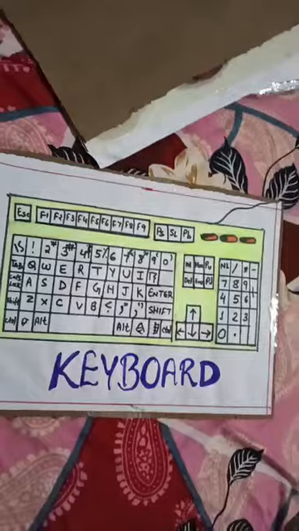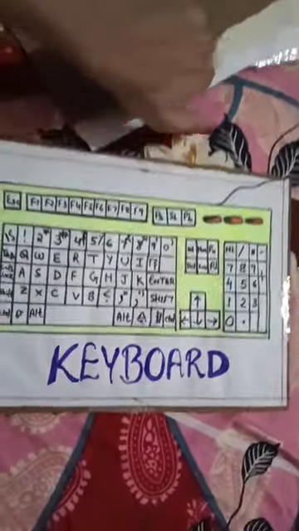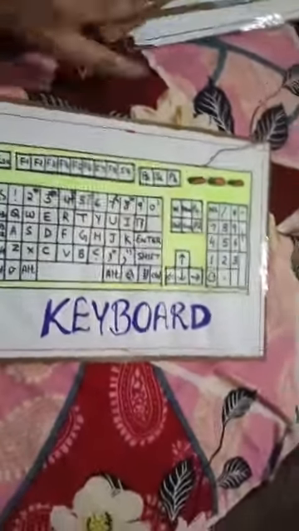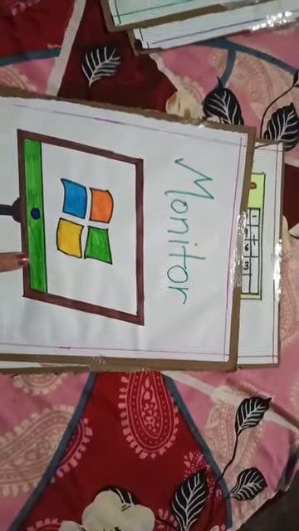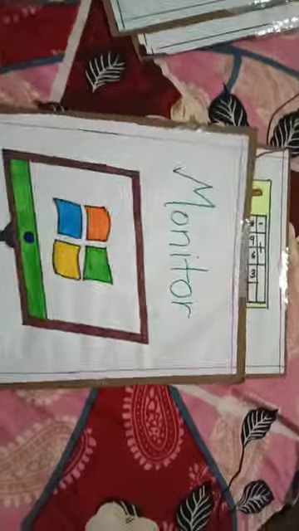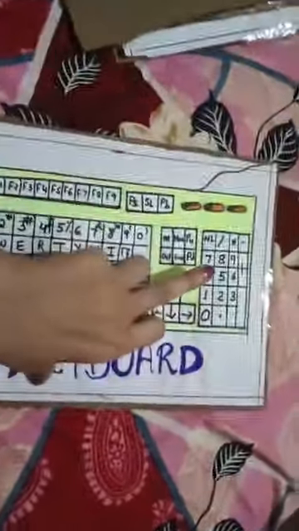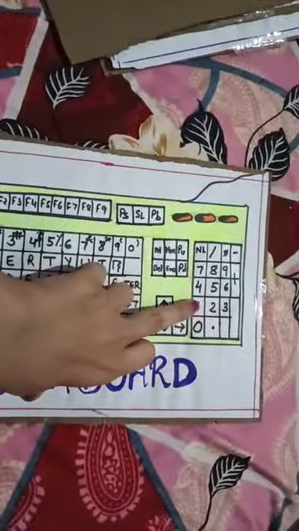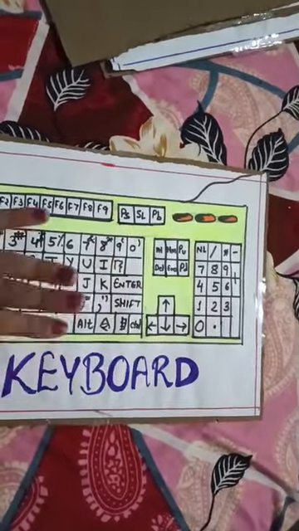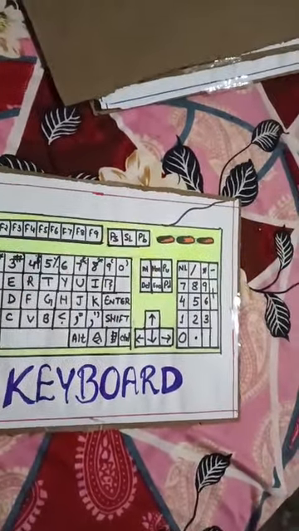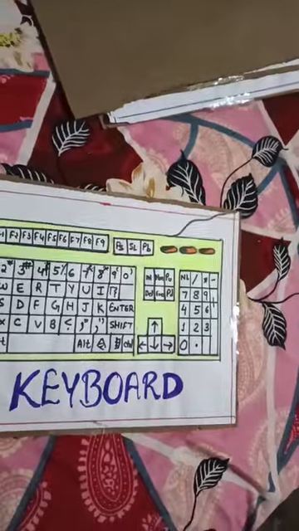In this manner you are able to enter Sakshi. That will be displayed on this monitor or output screen. Okay? You can also enter numbers like 1, 2, 3, whatever you wish to enter.